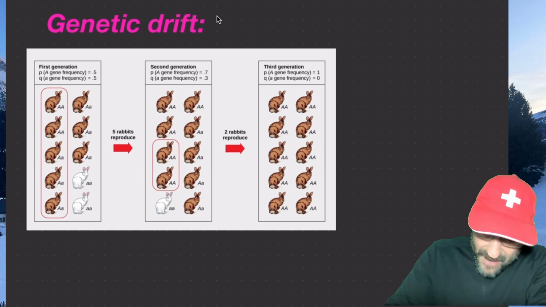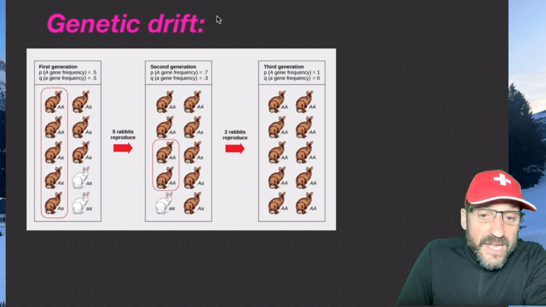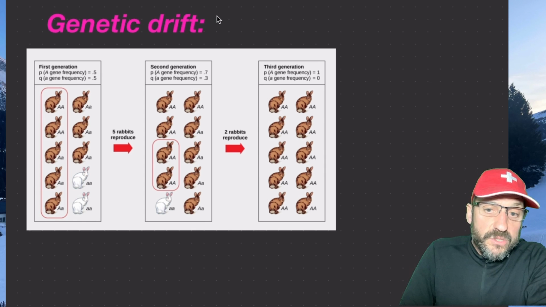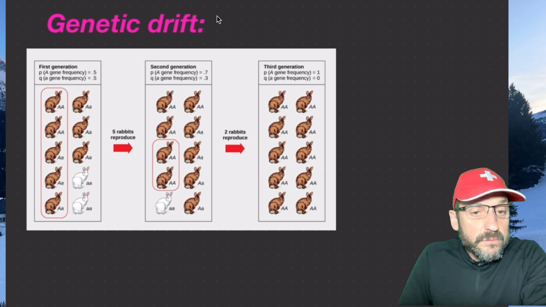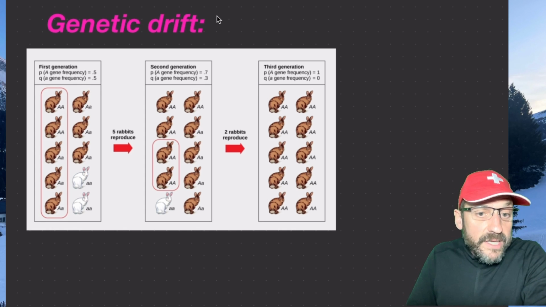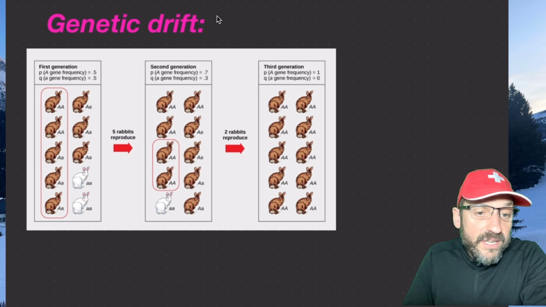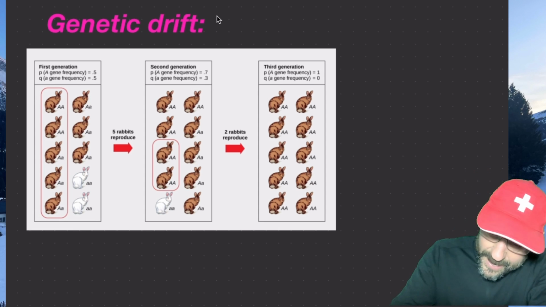Let's say 5 of them reproduce. The alleles present in those individuals will get randomly shuffled. That's like flipping that coin. The frequency of alleles in the next generation reflects the frequency among individuals reproducing. And we can see that here.